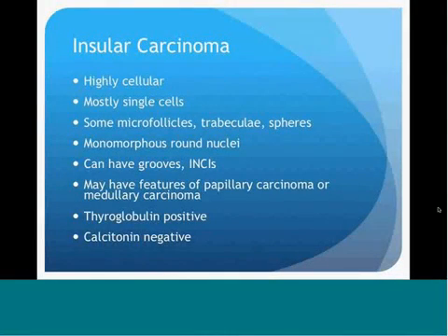The cellular picture here is very highly cellular with mostly single cells, meaning that they really are not forming anything, they don't have architecture. Sometimes you see microfollicles, sometimes they have grooves or internuclear cytoplasmic inclusions. Sometimes they have features of papillary carcinoma or medullary carcinoma. They can have features of both. They're usually positive for thyroglobulin, and they're usually negative for calcitonin, so they're probably not C cells, or else they'd be calcitonin positive.